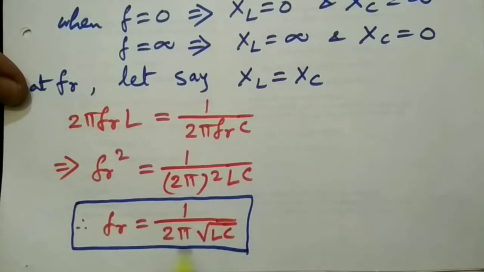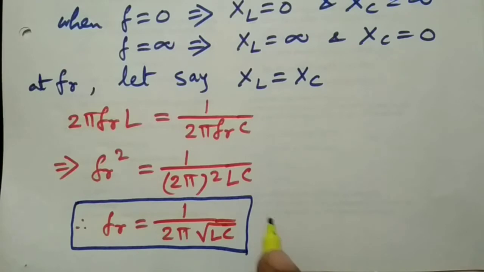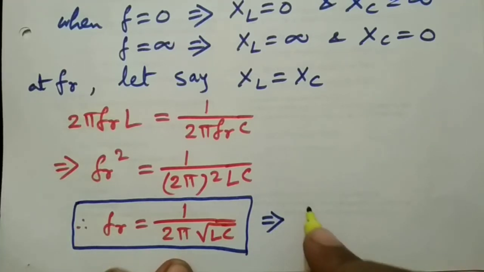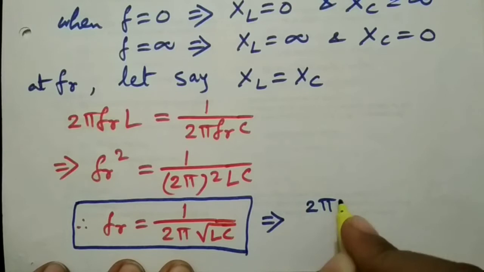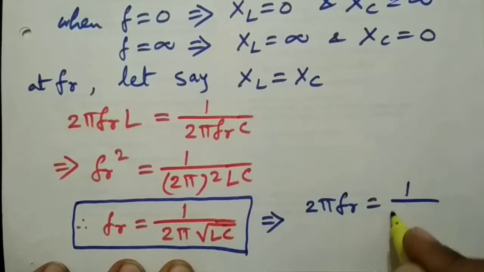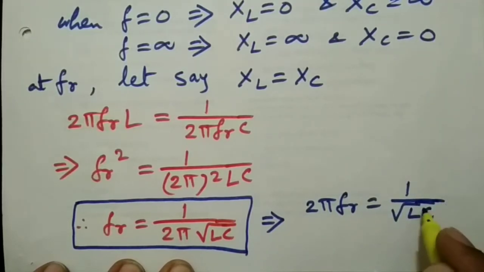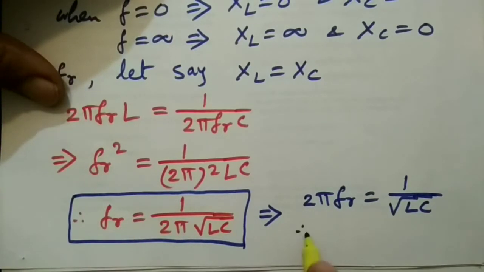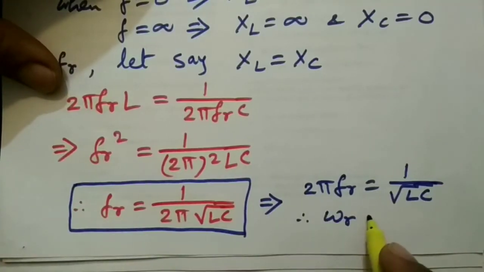That means if the frequency is equal to this value, then XL will be equal to XC, the net reactance will be 0, and the supply voltage and the circuit current will be in phase, and then the power factor will be equal to 1. From this relation we can also write 2 pi FR is equal to 1 upon root LC. So from there we can write omega R is equal to 1 upon root LC.